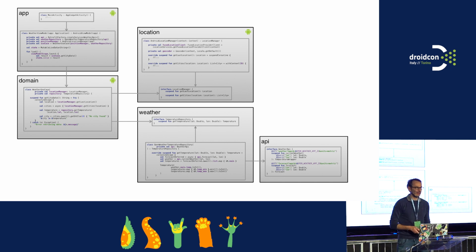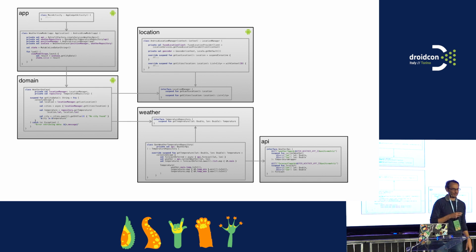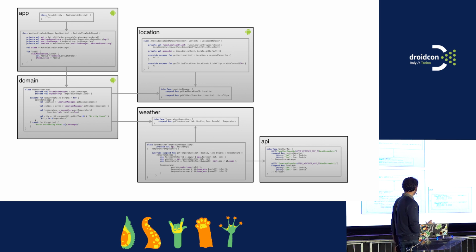And the domain must be defined as an Android library because it depends on the location. So when we have a dependency on an Android library, we need to define the module as an Android library. So the domain is an Android library too, even if, probably, the domain doesn't contain any Android-specific stuff. But we need to define it as an Android library because we are using the location module.